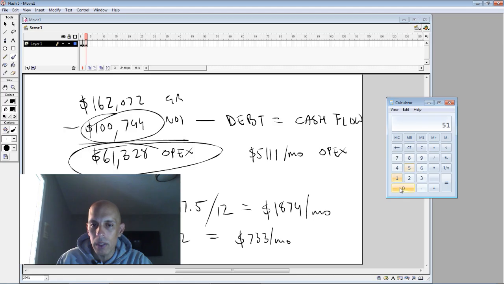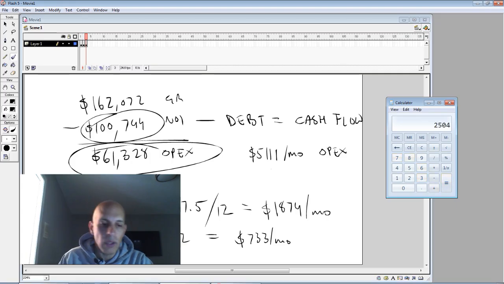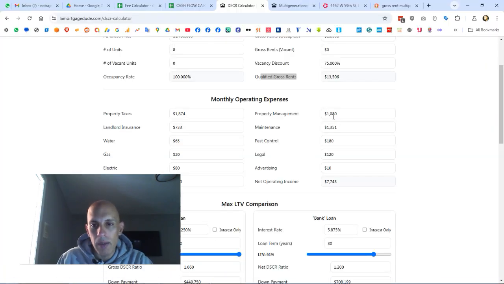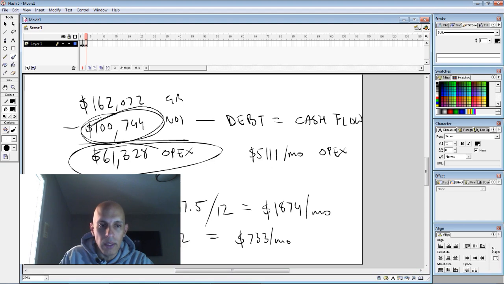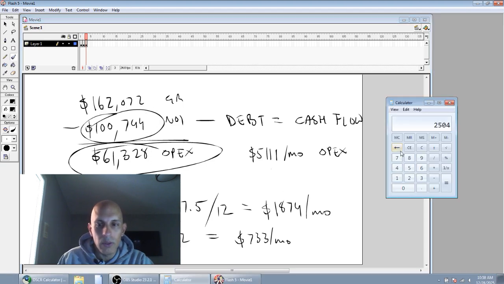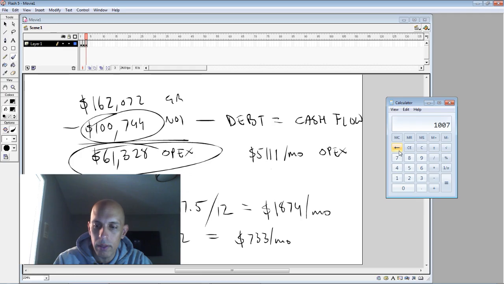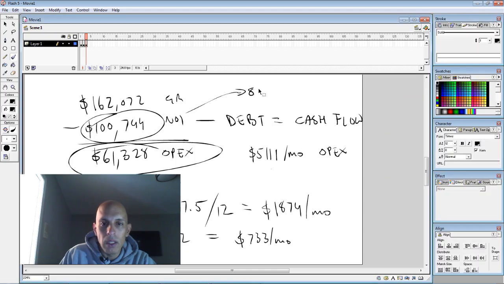5111 minus 1874 minus 733. So we're left at 2,500 a month. So that means maintenance costs. Let's add all this up right here. I also want to divide this by 12 so that it can give me pretty easily, 100,744 divided by 12 is 83.95. 83.95 a month NOI.